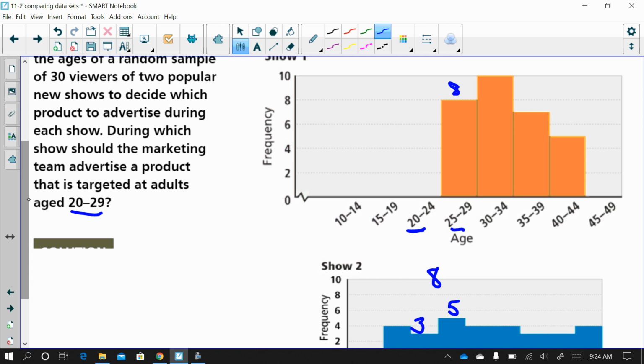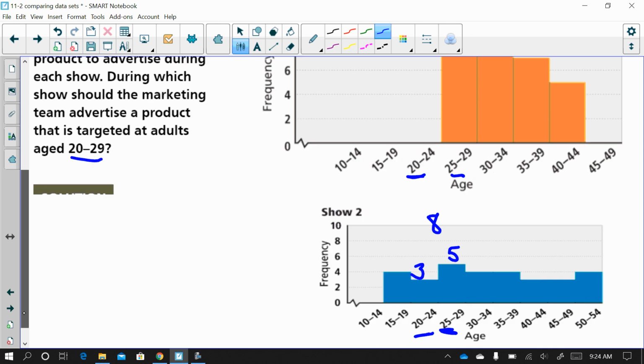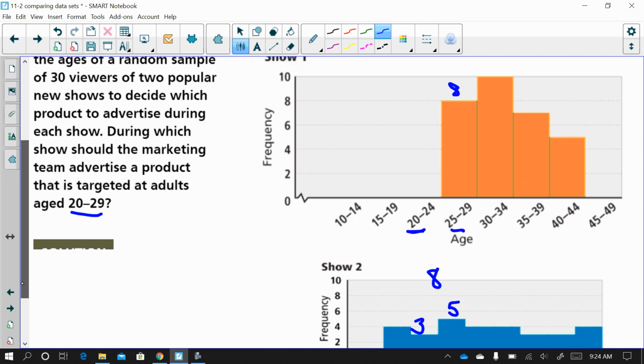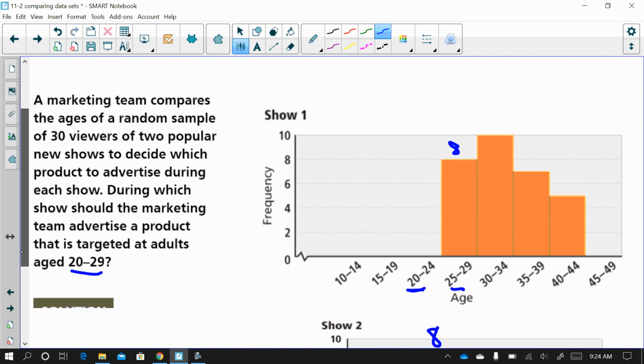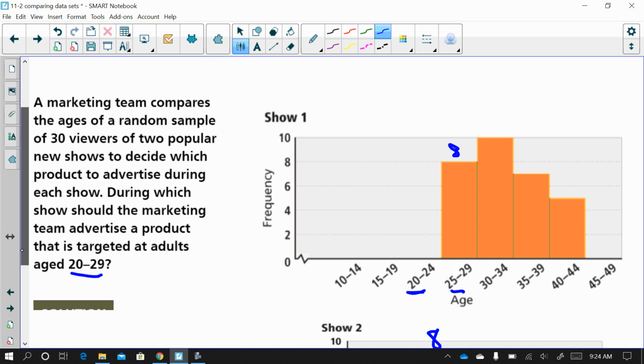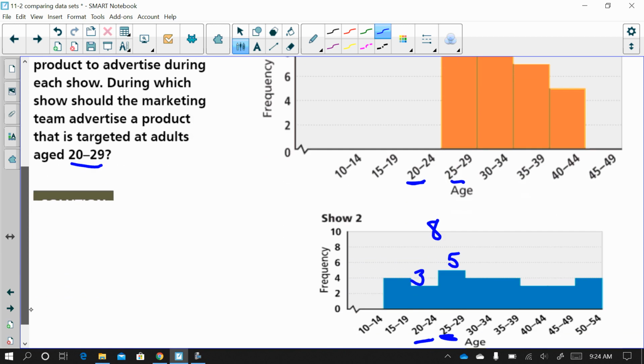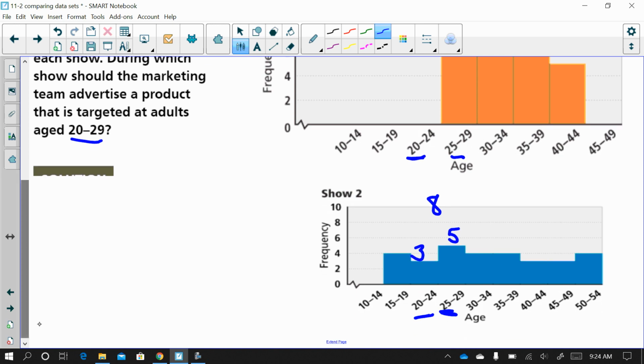I probably would pick show two because, looking at it, we have people in both categories. Okay, this is only a sample. Because I have people in both categories, I'm probably going to have more people when I do the actual show for real. Because show one is totally missing that 20 to 24, and show two has it. To me, show two would be a little bit better. Okay, so I would pick show two.